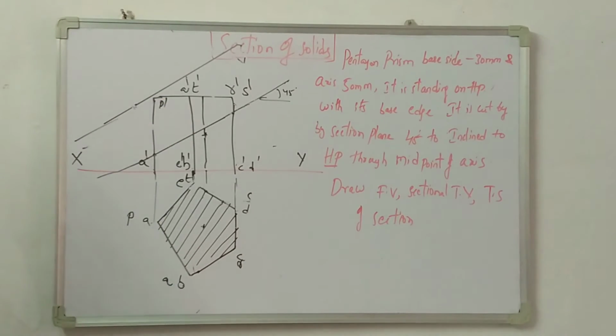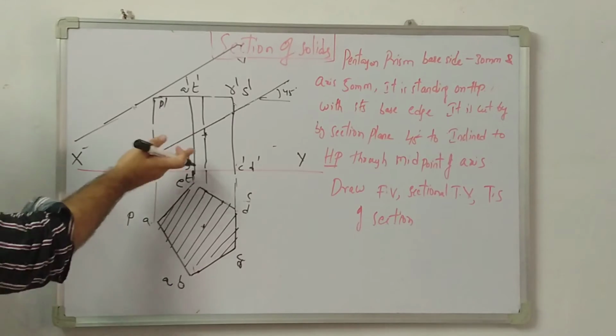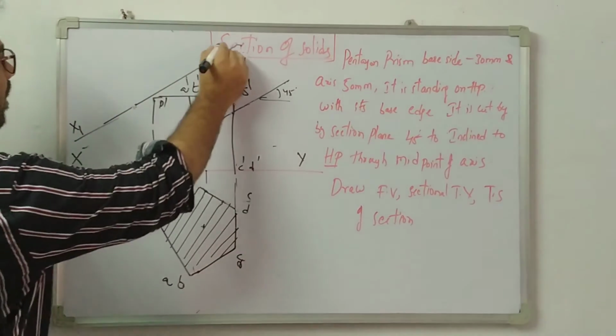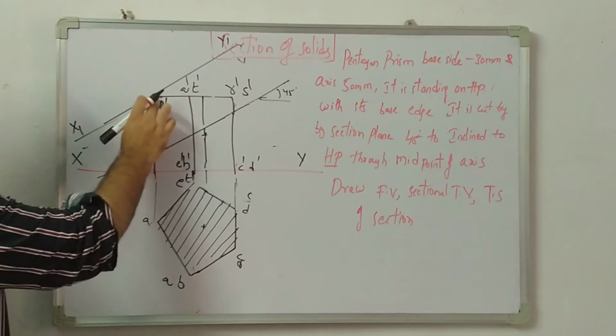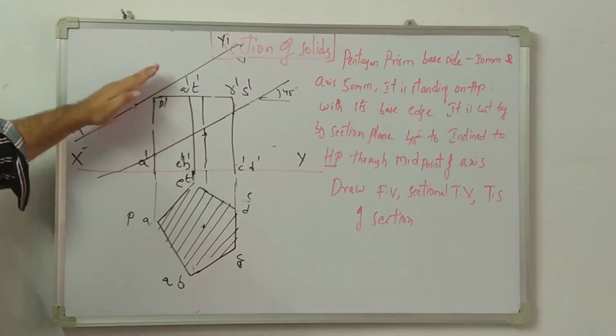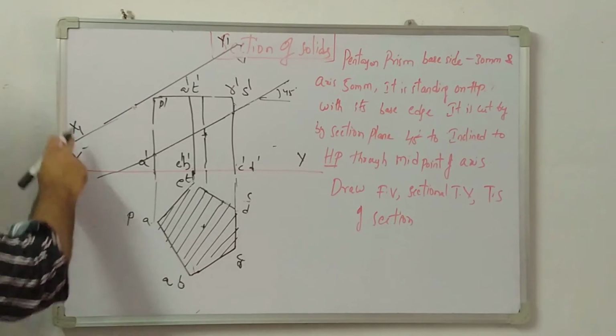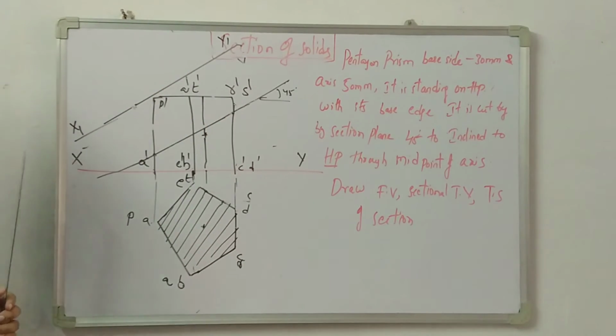So this is one more reference line I have created exactly above the front view. This is x1 and y1. I don't have space, so better to maintain some distance. It should not touch the rectangle faces. So this is one more reference line x1 and y1.